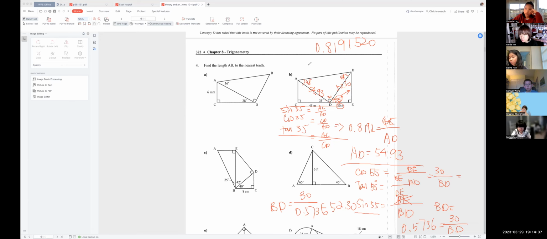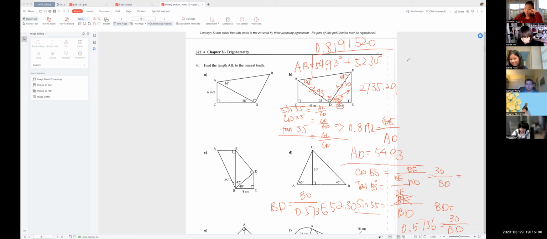Correct? So how to find AB? AB equals the square root of 54.93 squared plus 52.30 squared. Since you can use a calculator, this one is not hard at all. If you couldn't use a calculator, it would be terrible. How would you figure out the square root?